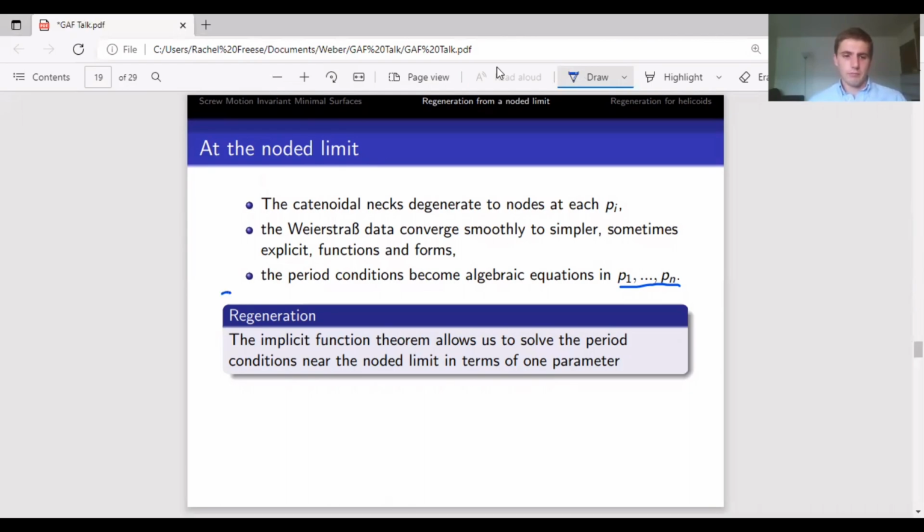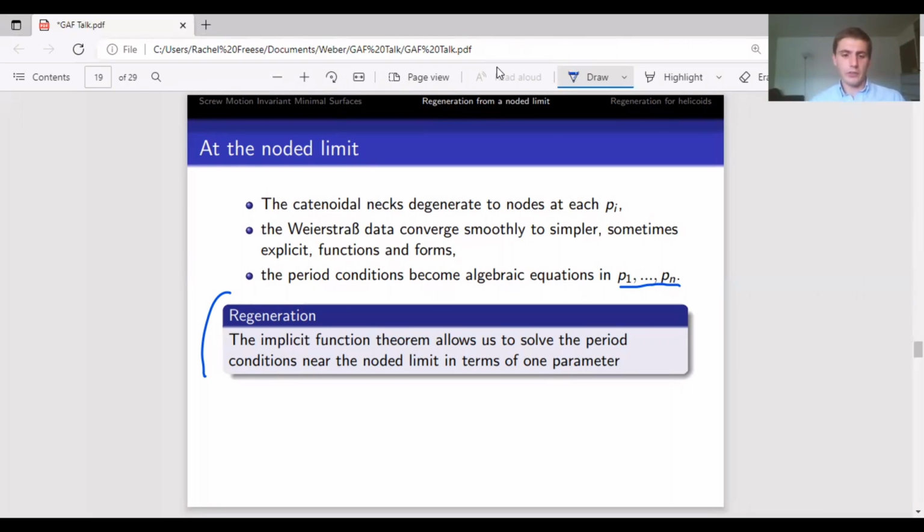But here's kind of the ansatz of it all: well, to get these functions that you want to be zero, right? Well, if the Jacobian of this set of functions is not singular, then you can use the implicit function theorem to actually get solutions to the period problems near the nodal limit, right?